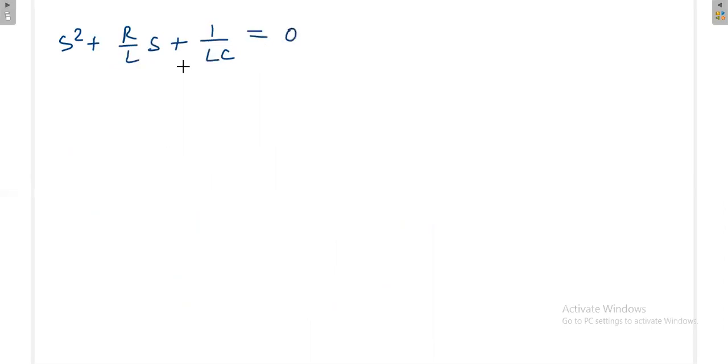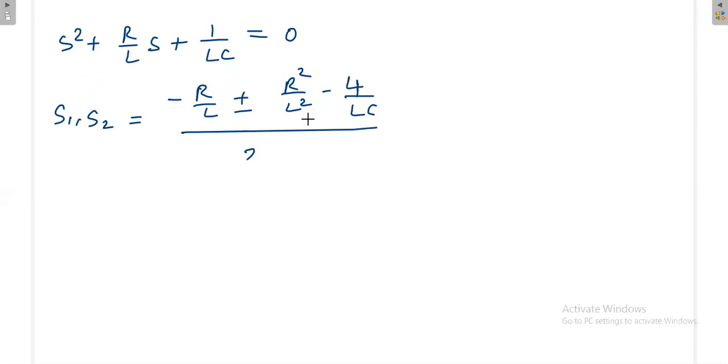Again, this is the quadratic equation. For a quadratic equation, we know the solution. It will have two solutions, S1 and S2, that depend on minus b plus or minus square root of b square minus 4ac, that is 4 by LC, divided by 2a.